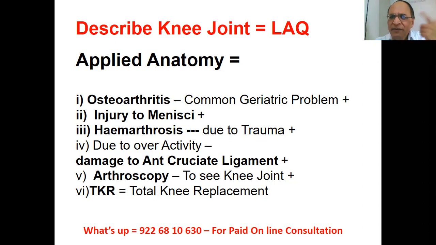Due to overactivity of the knee joint, damage to the anterior cruciate ligament. Many times ligamental tear is also there. So two types of injuries, meniscal injury or ligamental injury, are very delicate and dangerous to treat. Okay.